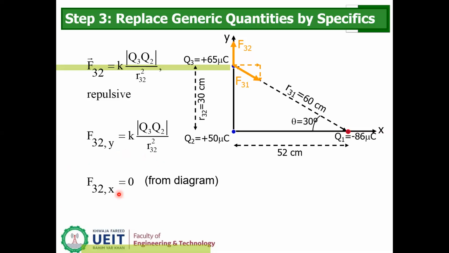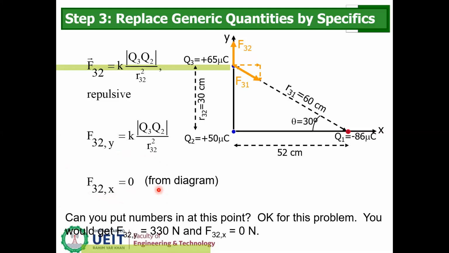And if we take the resultant force, the net force from the diagram, F32 on the x-axis is 0. Can you put numbers in at this point?